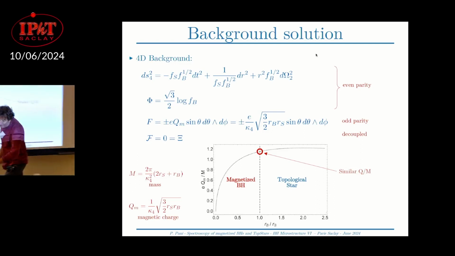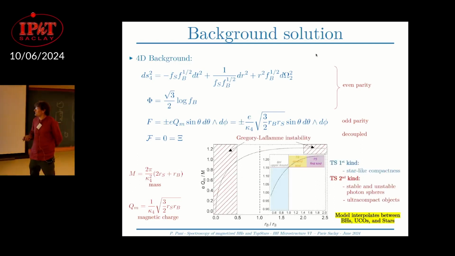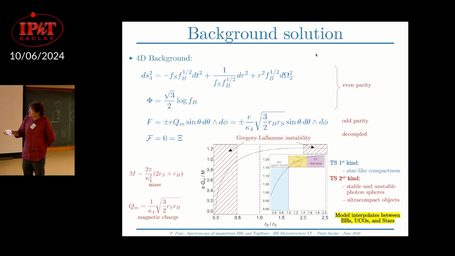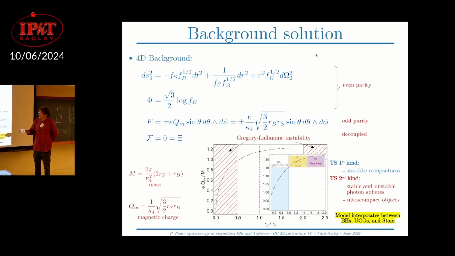Going back to the Gregory-Laflamme instability, it is known that there is this instability for black strings. It's also known that even magnetized black holes are unstable against the Gregory-Laflamme instability, and this essentially excludes all this region here when RB is smaller than 1/2 RS.